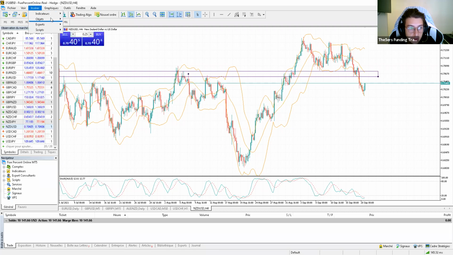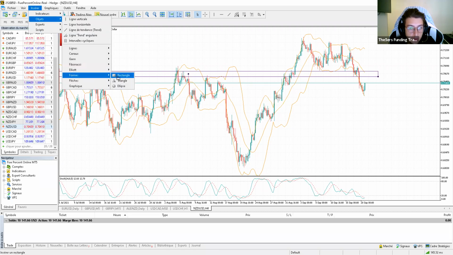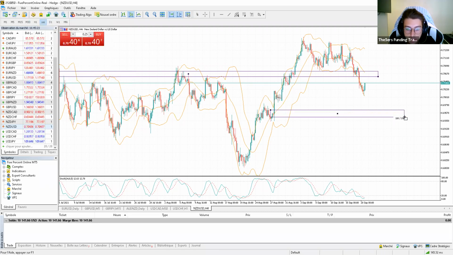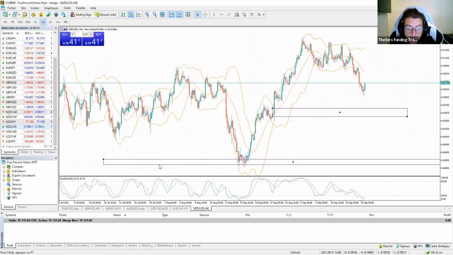So you will have that demand here, and you will also have the lowest point. Unless we touch the two zones here, I will not do anything.